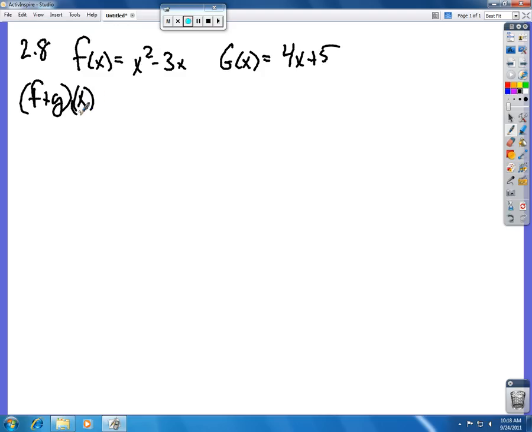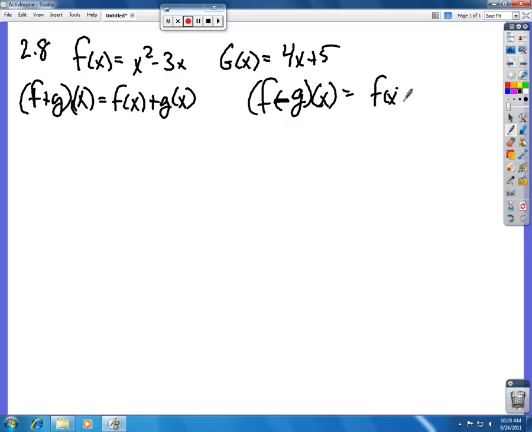And then let's do f minus g of x. Again, you can write it just as this, and this one you can write just as this.